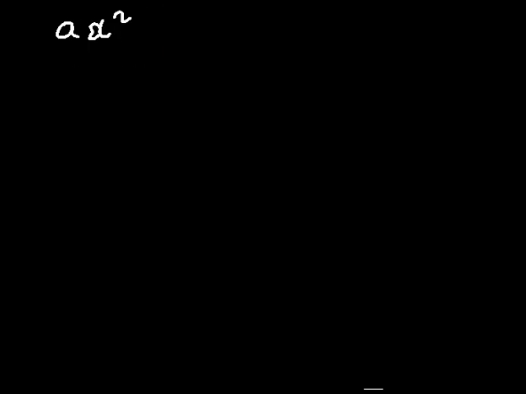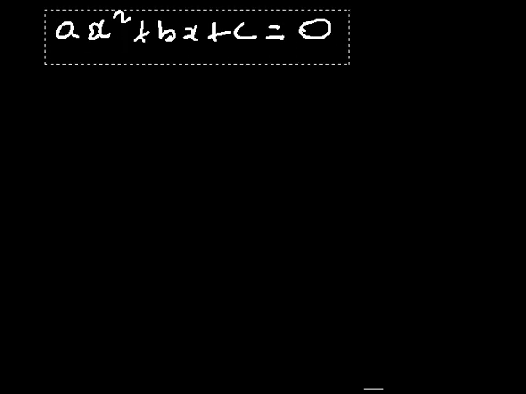The quadratic expression is given as ax squared plus bx plus c. This is the quadratic expression, but now the quadratic equation is given upon having equal to 0 here. So this is what we call the quadratic equation, and we have several methods that have been used to solve quadratic equations, and one of them is what we call the factor method, and the factor method uses the principle of factorization.